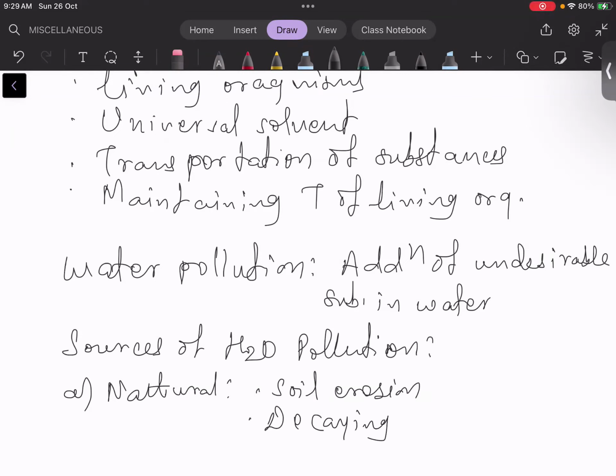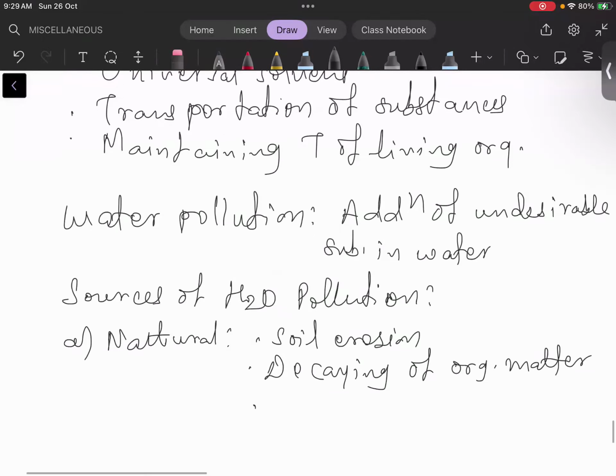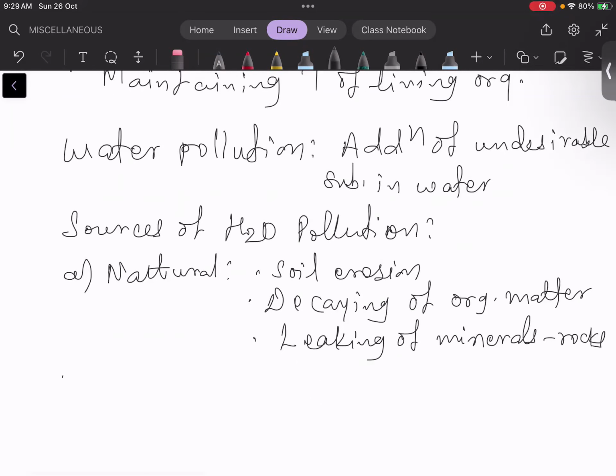Then third, leaking of minerals from rocks, etc. Then the second source is man-made sources.